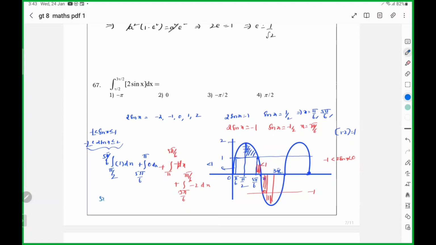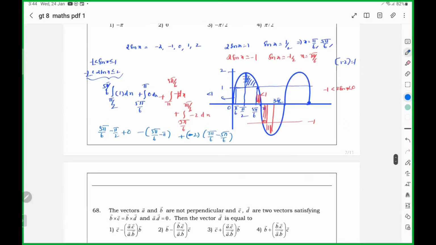It is 5 pi by 6 minus pi by 2 plus 0, 5 pi by 6 minus pi, 7 pi by 6 minus 5 pi by 6.